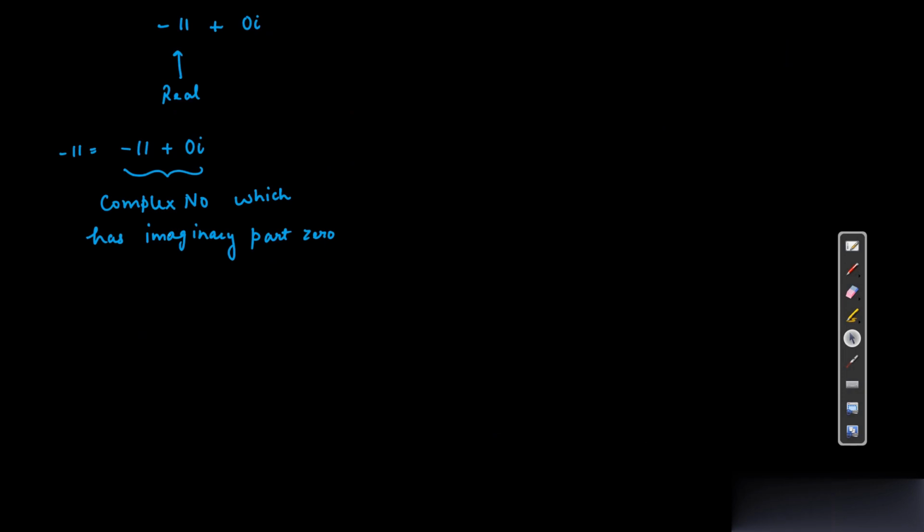So from here, there is a very important concept, Bhavna: every real number is a complex number as well. The only difference is that here the imaginary part will be 0. Okay, so all real numbers are also complex numbers. All right, this is very important.